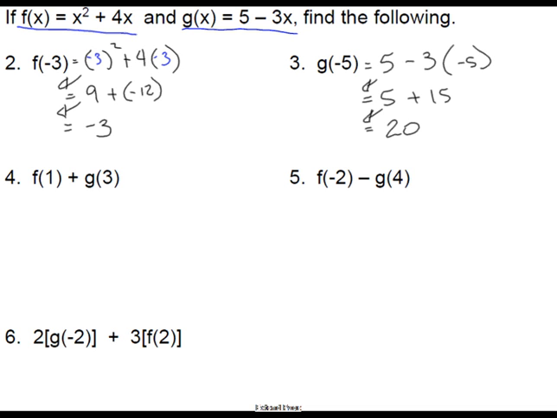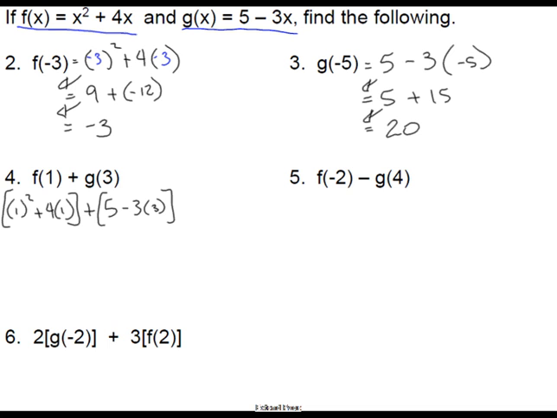For number 4, I'm going to do the f of 1. So I'm going to do 1 squared plus 4 times 1 plus my g of 3, which will be 5 minus 3 times 3.